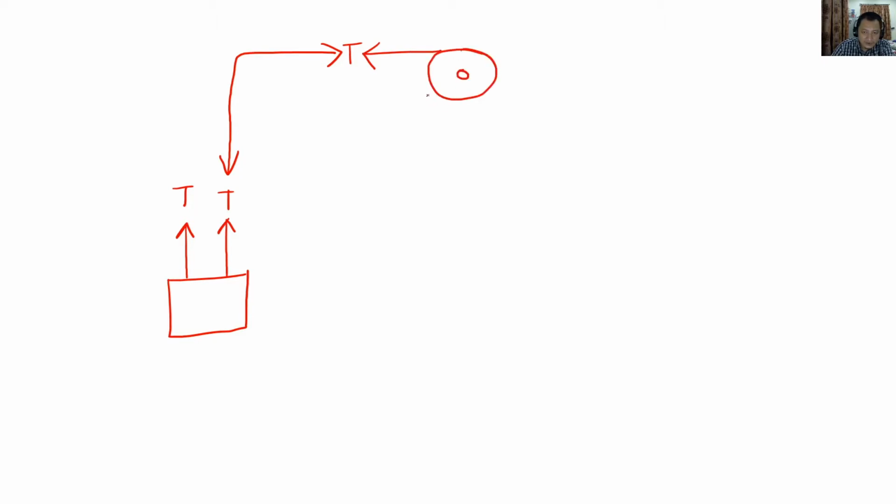the motor. So this is the motor. This box is actually being lifted up by 2T. The box itself requires 2T in order to move up. This is mg. This is the velocity of the box.